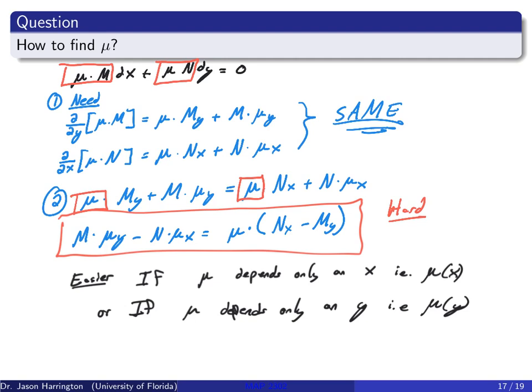Then check this out. If mu only depended on x, the derivative of mu with respect to x still stays, but the derivative of mu with respect to y just goes away to 0. And then it becomes easy to solve, right? Likewise, if mu only depends on y, then the derivative of mu with respect to x goes to 0. So let's go ahead and start this out.